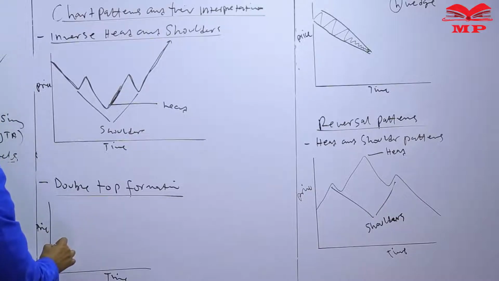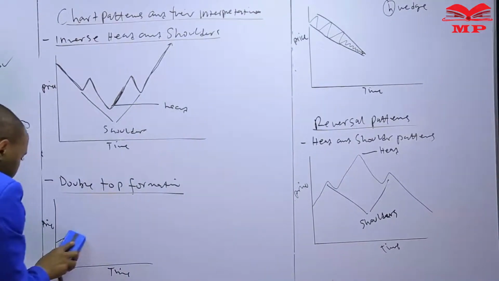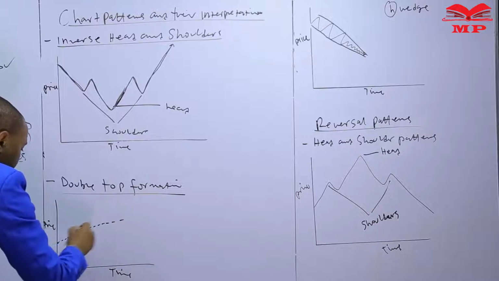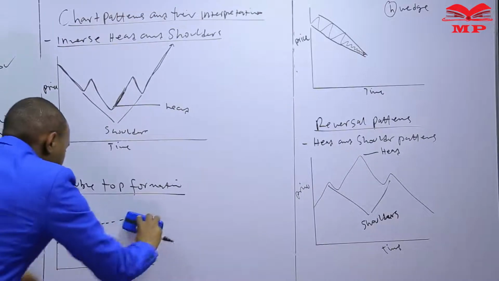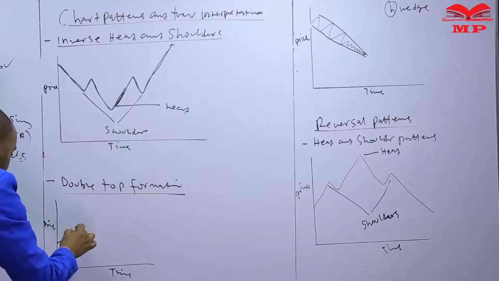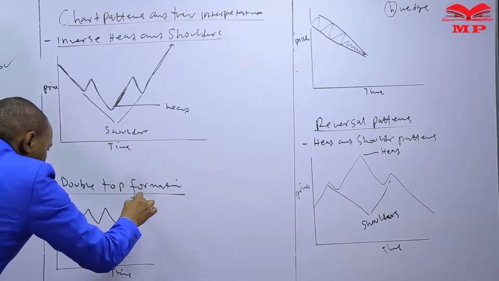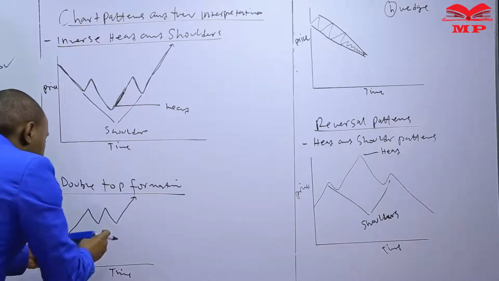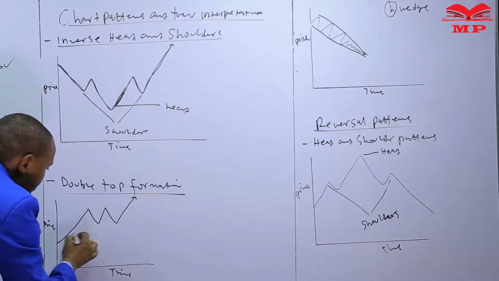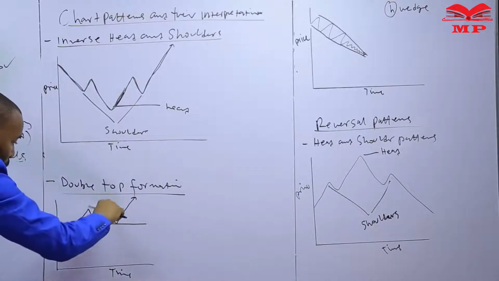So double top formation, if you have a line like that, in that form, so you find the security prices moving like that, then it has like that. You can now demonstrate that here is actually a double top formation. So it's double top at the top like that.